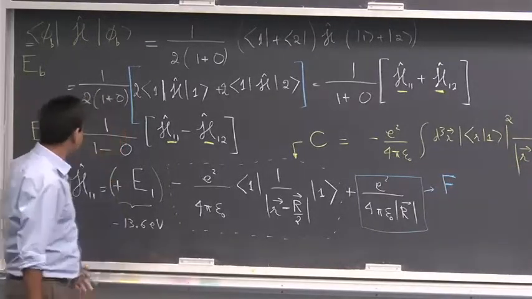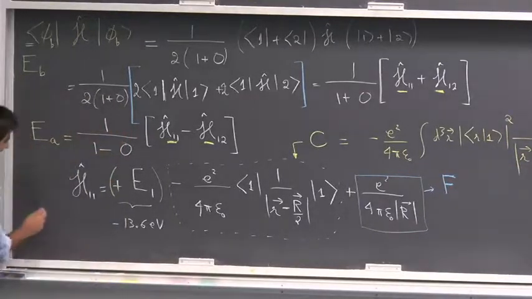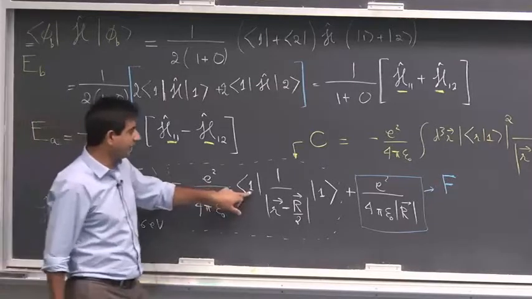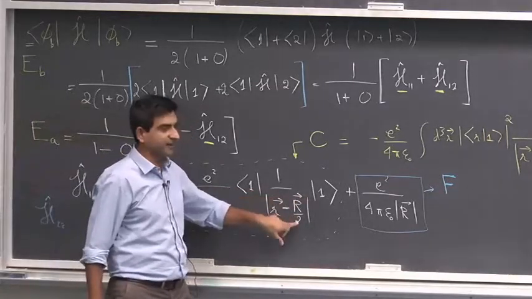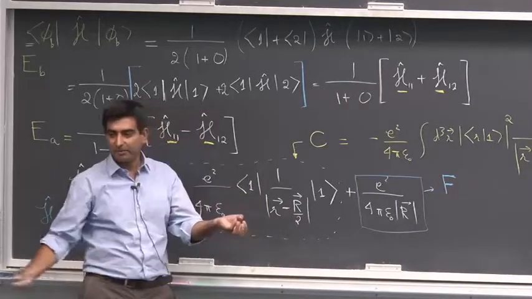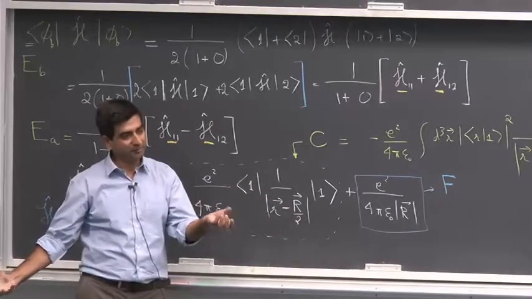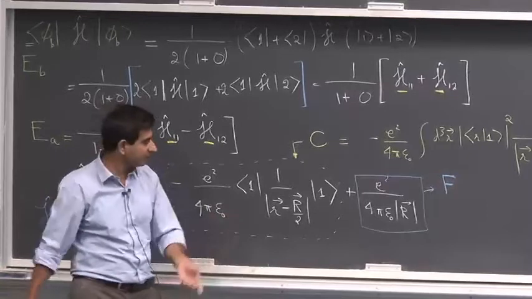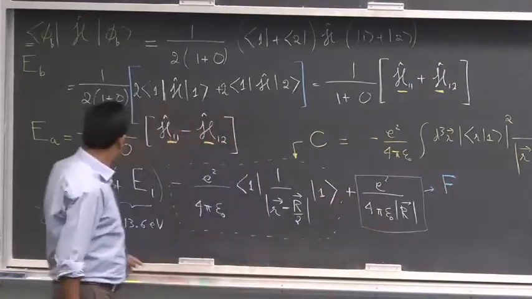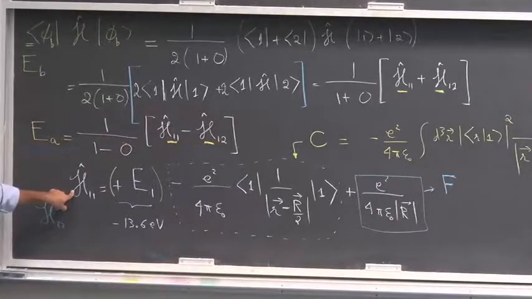So if I would like to calculate H22, I will still get an E1 here. I will get ket 2 here, bra 2 here. This will be |r plus R/2|. So it's still an electron that is attached to nucleus B, but seeing attraction by nucleus 1. Due to the symmetry of the problem, it's going to be the same term, so this thing equals this thing.